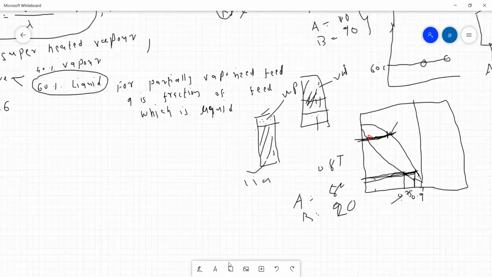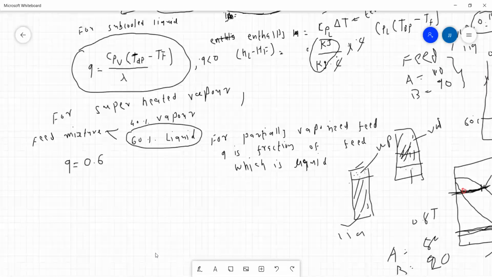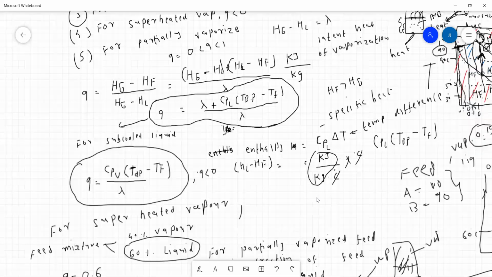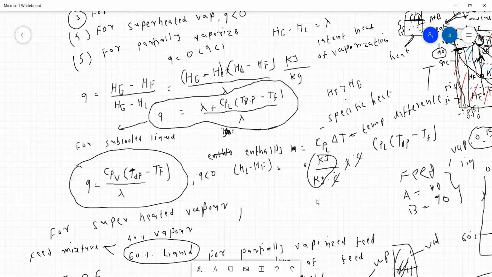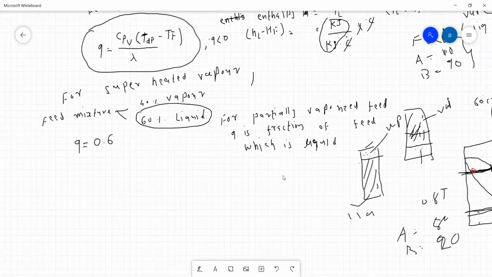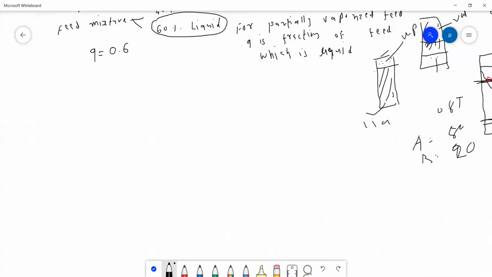Now, let's continue this also, because we have to look at the Q line, the feed line, in the graph, where it will be required to determine the number of theoretical stages.